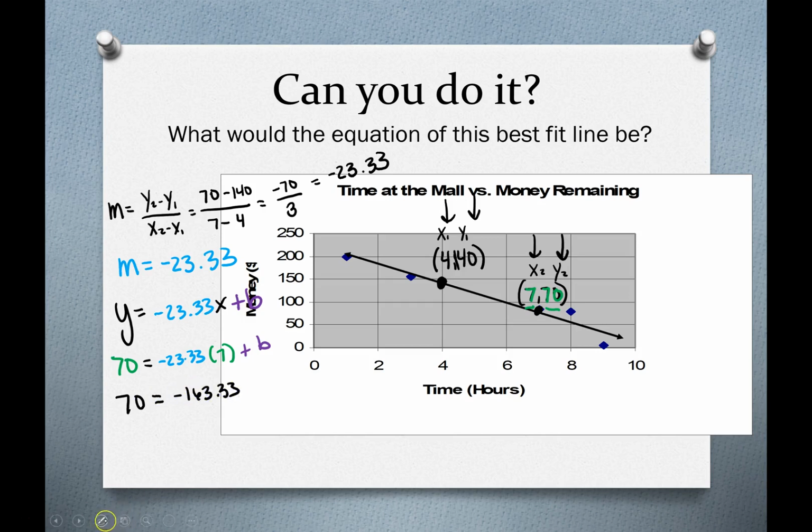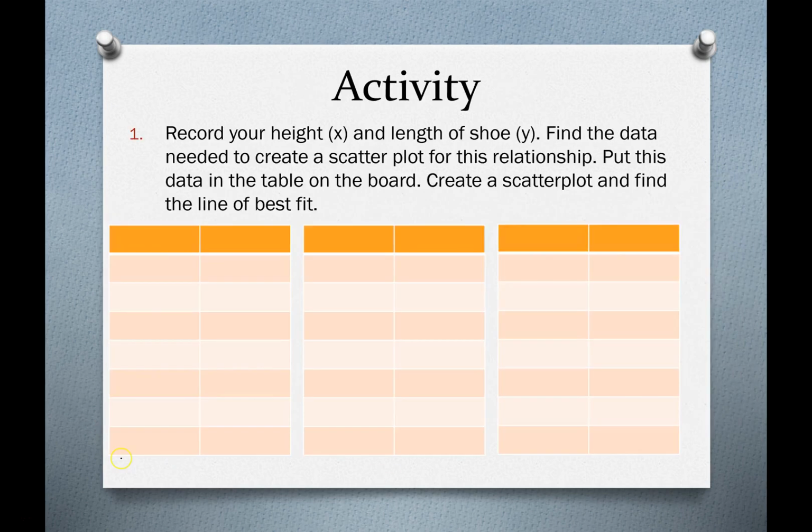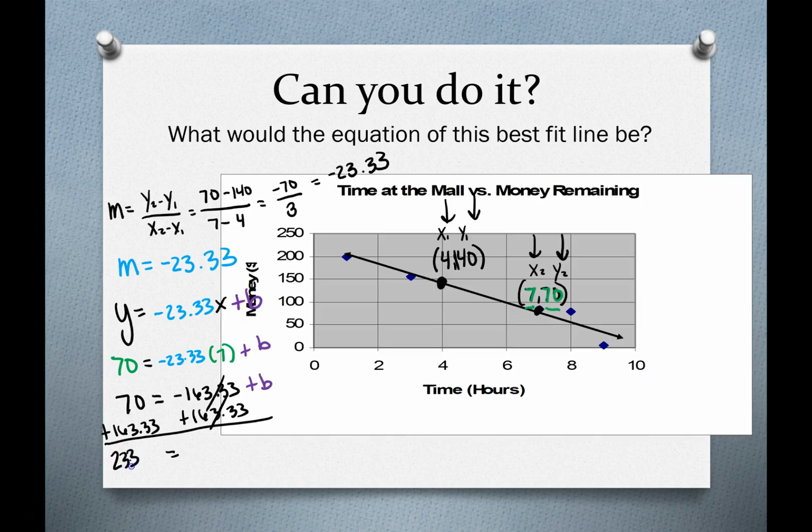I'm going to have to add 163.33 to both sides. 70 plus 163.33 is 233.33, and that's equal to my b. I'm going to go ahead and box that in purple.